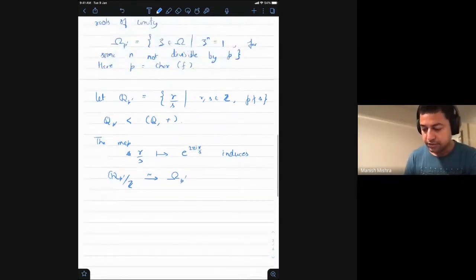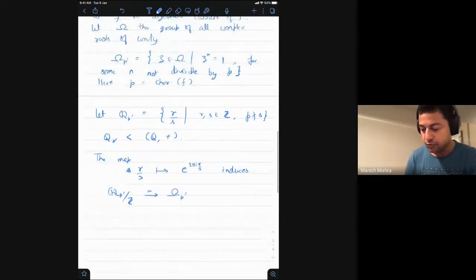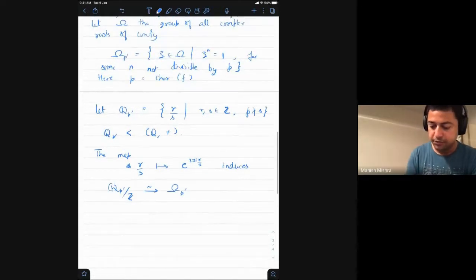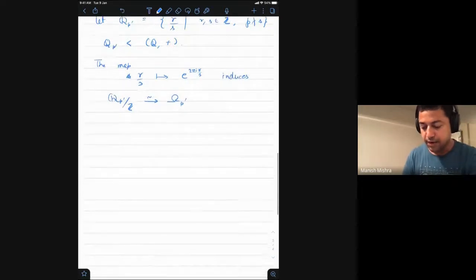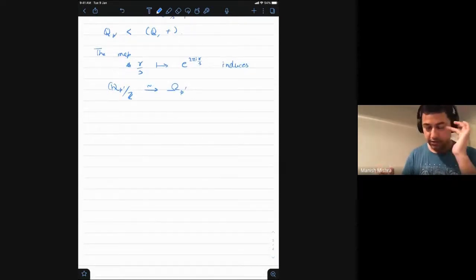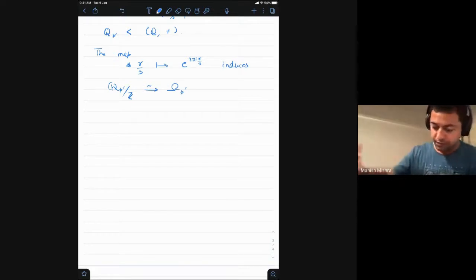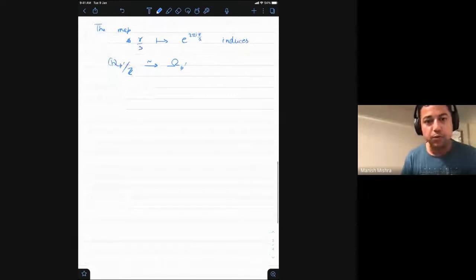So there was this subgroup of the roots of unity, omega p prime, which corresponds to a quotient of the subgroup of rationals.